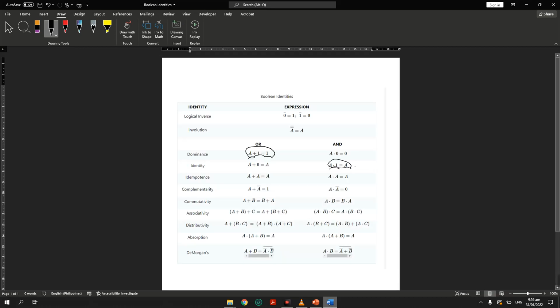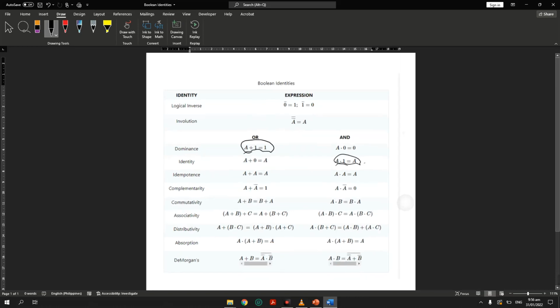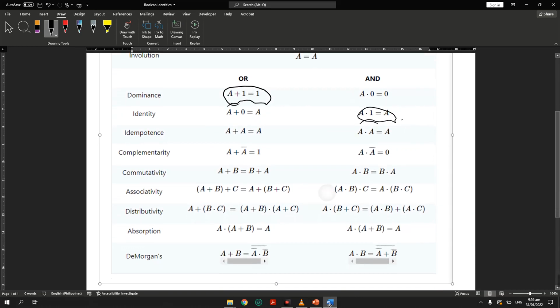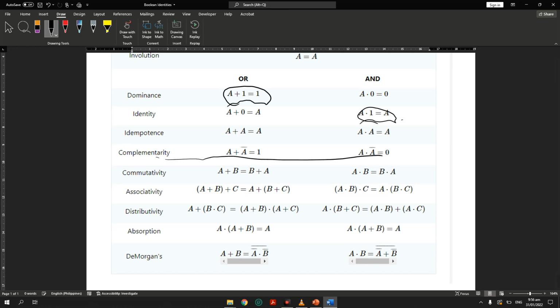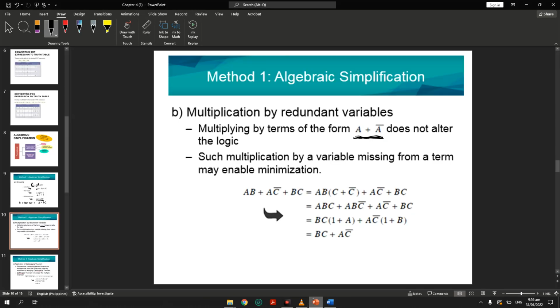Let us see in our Boolean identities. A plus A bar, or any variable added to the complement of that variable, according to the complementary principle, A plus A bar is equal to 1. So multiplying the term with A plus A bar, or multiplying it by 1, does not alter the variable or the equation itself, or the logic.